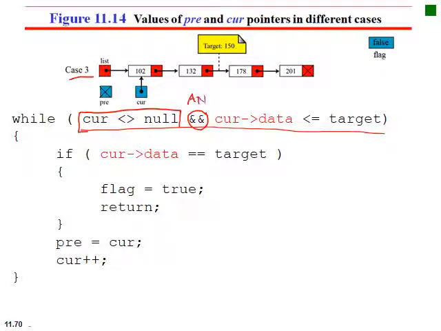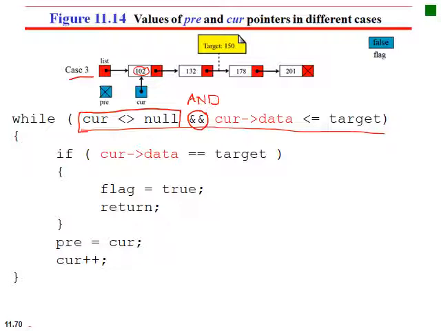So all right, we did logic already before. So how you read this: while current is not equal to null and current data, in other words, that thing that it's pointing to at the moment, is less than or equal to target. All right, so now we're making it more efficient to check that it is still valid to continue.